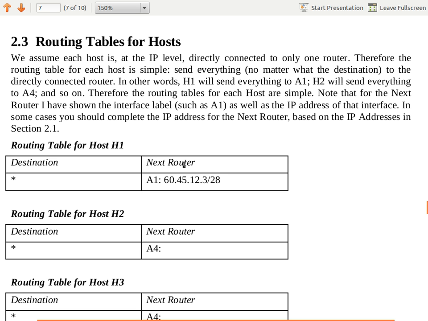If we're at H1 and we want to reach anyone else on the internet, H2, H3, H4, H5, H6, then we'll always send to A1. And then it will be A1's job to send to the next router and so on. But from H1's perspective, the routing table is quite simple. For all destinations, send to A1. And this is just the IP address of A1.